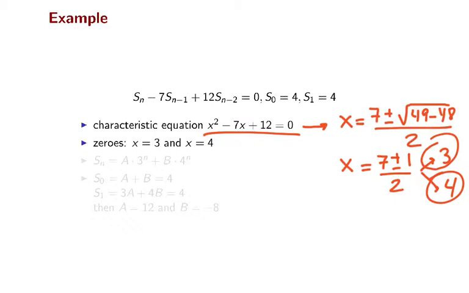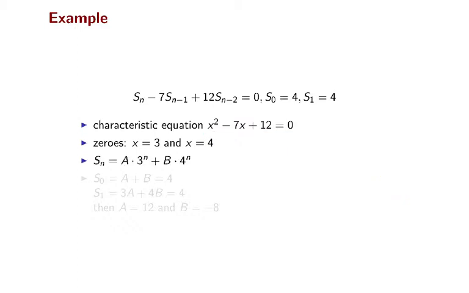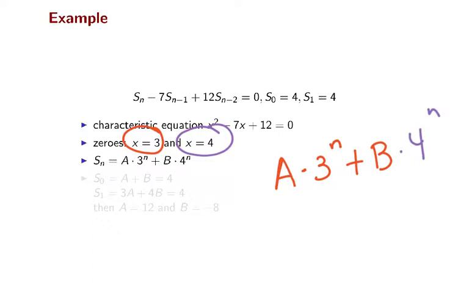And then in the next step, we have to arrange these two numbers, 3 and 4, in this way. Remember that the way to set Sn here will be to say Sn is equal to A, an unknown, times the first of the roots, or any of the roots, to the n, plus another unknown, and then the second of the roots to the n.